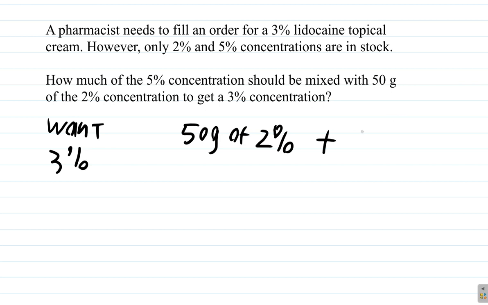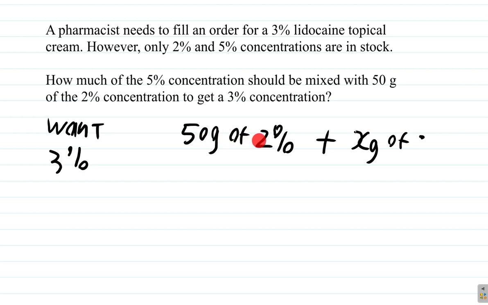Now, you don't know how many grams of the 5% concentration, so you say X grams of 5% concentration. You want a certain amount of the 3% lidocaine topical cream.